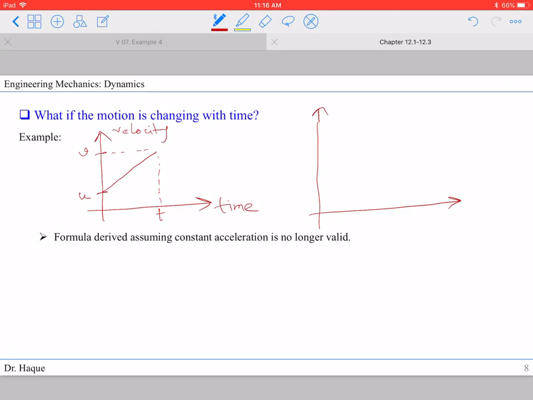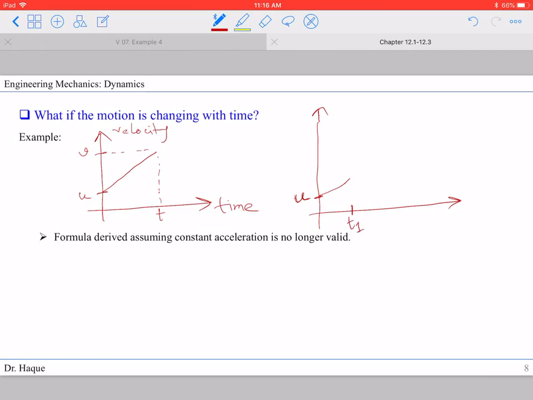At the beginning, I started at a point u, that is my initial velocity, and I started to accelerate slowly, so my slope is shallow and low, and I'm accelerating very slowly up to a point, time t1.